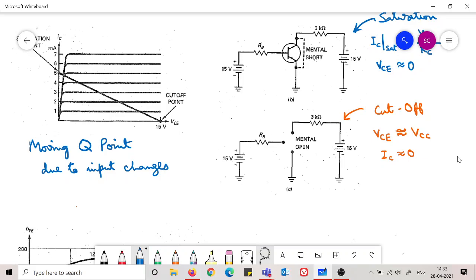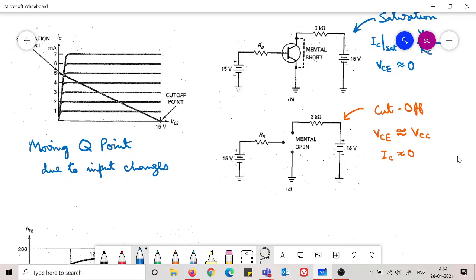Having the transistor either in saturation, this is a very strong point, or in cutoff. If we are able to set up the biasing, the output biasing, in such a way that it is either in saturation or in cutoff, then these two points are very widely apart from each other, very much distinguishable from each other.